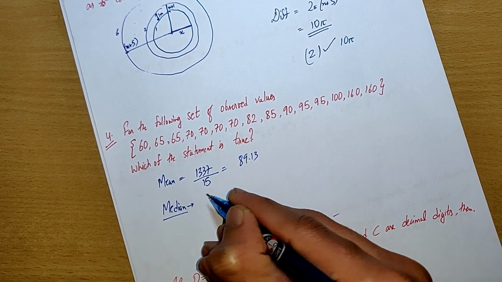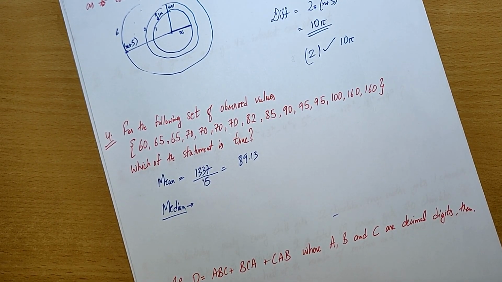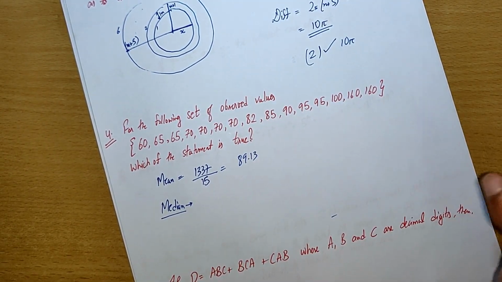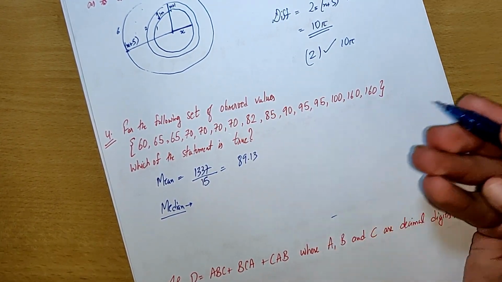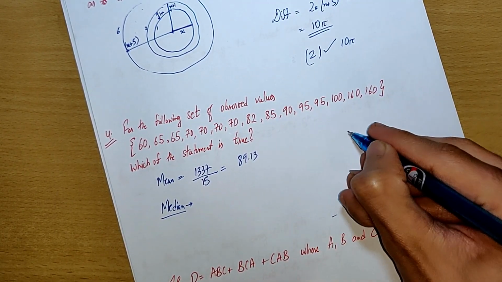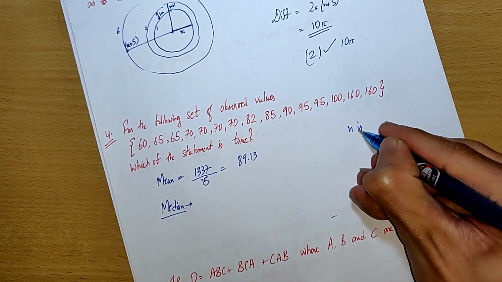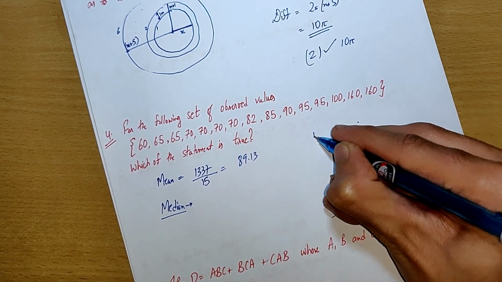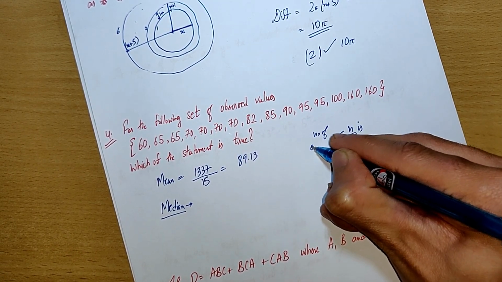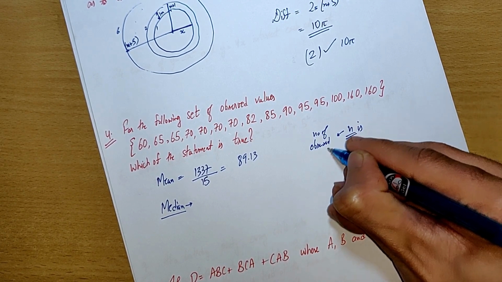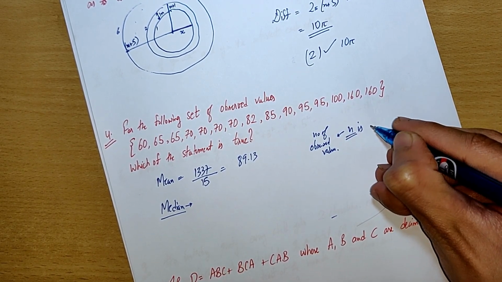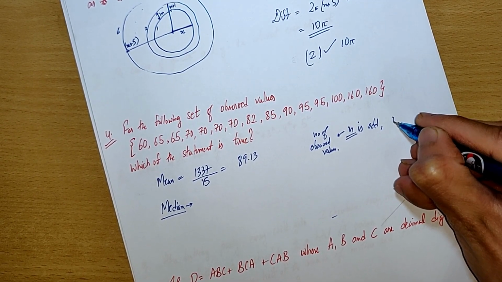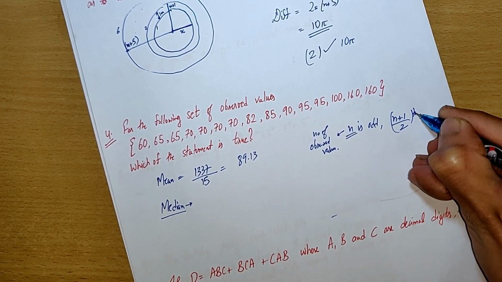And then for the median, how do we calculate it? For the median we have to look at how many values are given. If they are odd, it would be different, and for even it would be different. If n is the number of observed values: if n is odd, then the median is simply the (n plus 1) by 2th term.